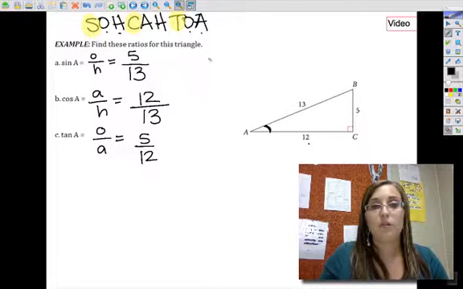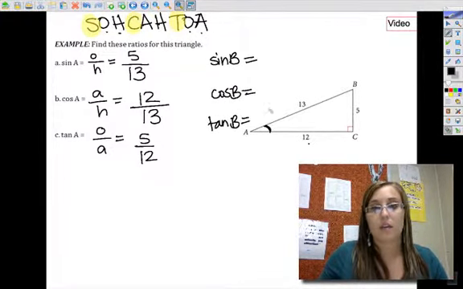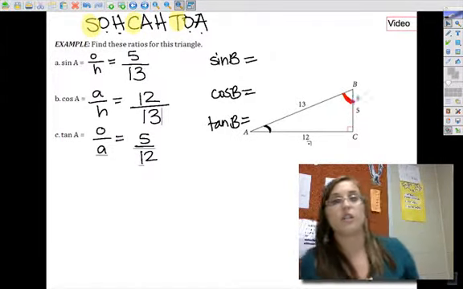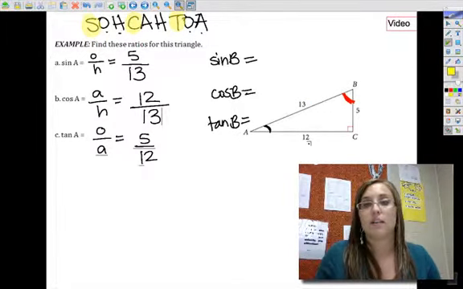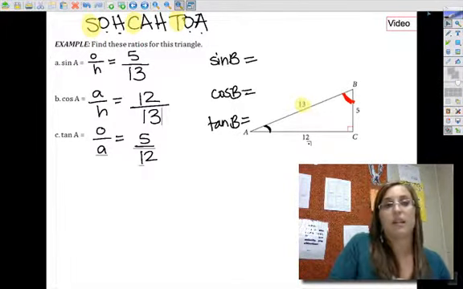So what I'd like you to do is the same thing, but for angle B. Find the sine of B, the cosine of B, and the tangent of angle B. This time you're not doing angle A, you're doing angle B. Think about which would be the opposite and which would be the adjacent. The hypotenuse is always going to be 13. All right? Bring that to class next time.